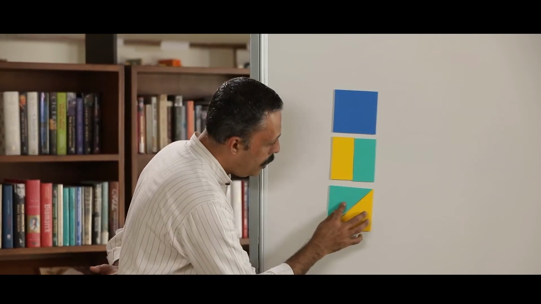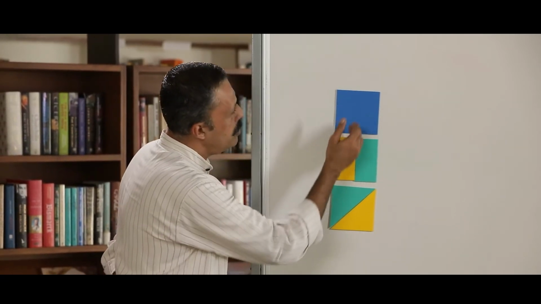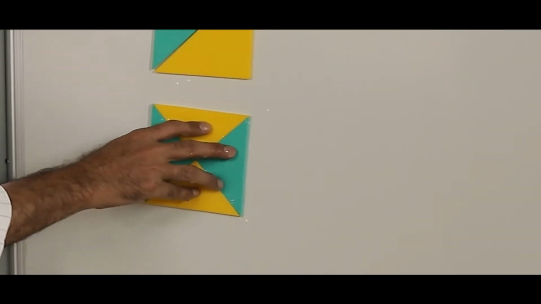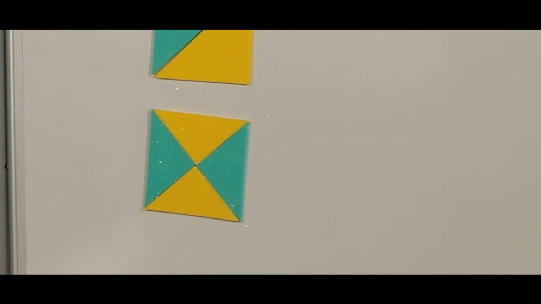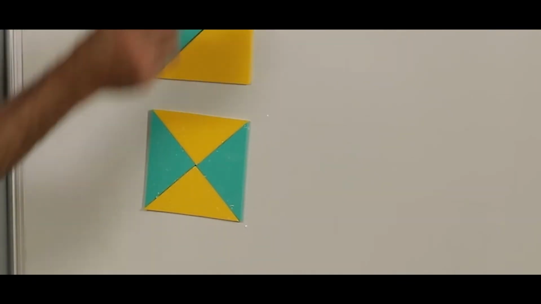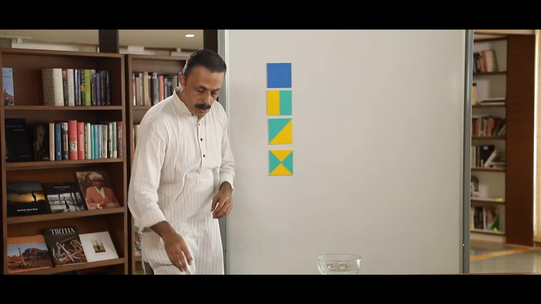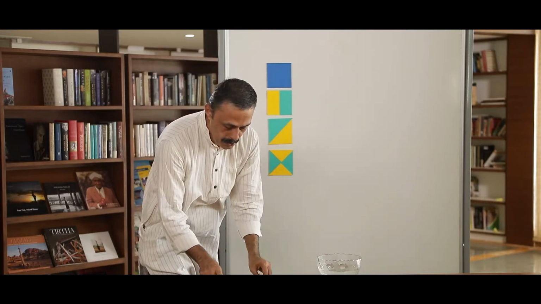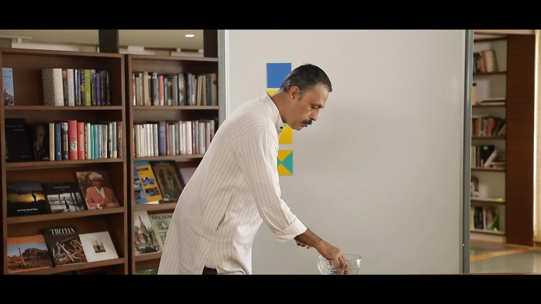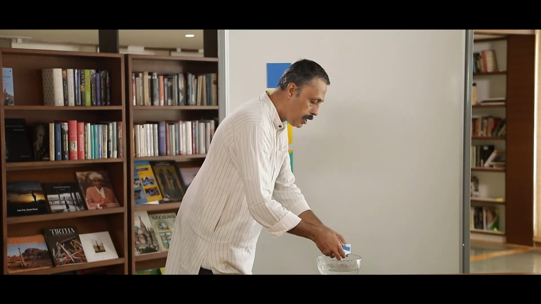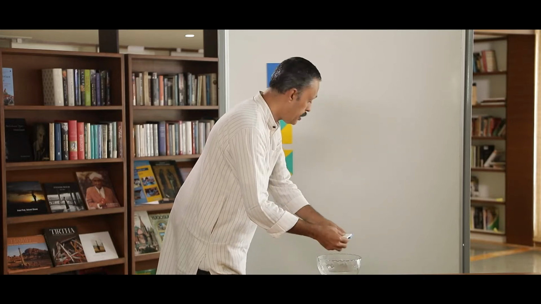Similarly, if I make four pieces of the same object, I can make four pieces like this. With the same full object, I will make that into four equal parts. That is important. When we teach fractions, we have to show that these are equal parts.